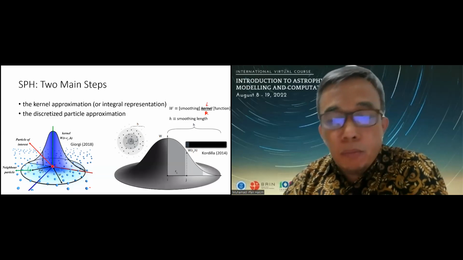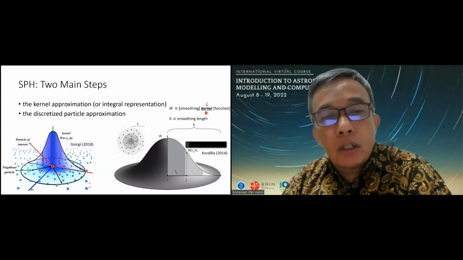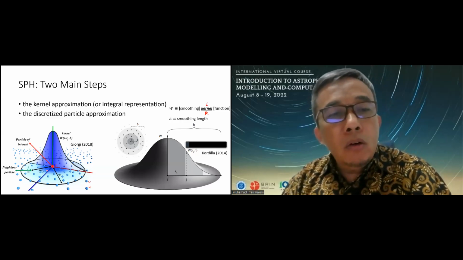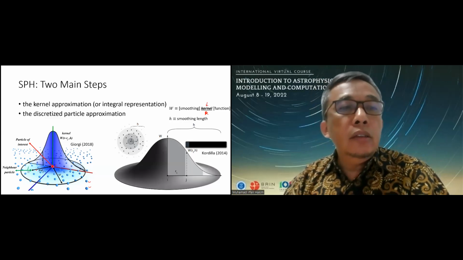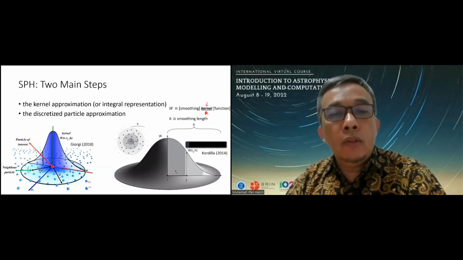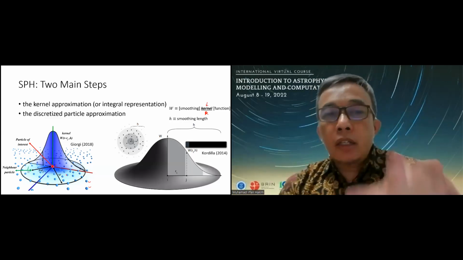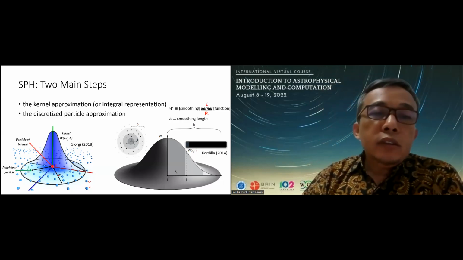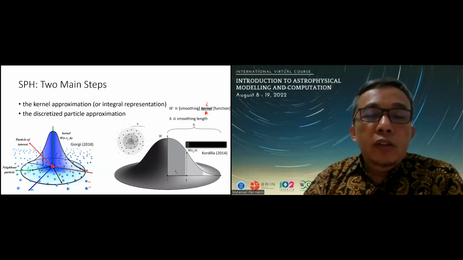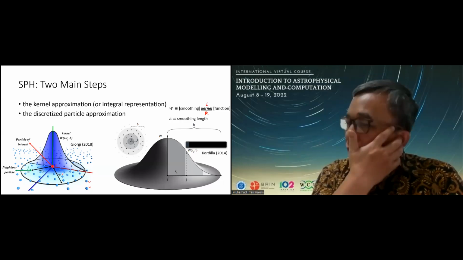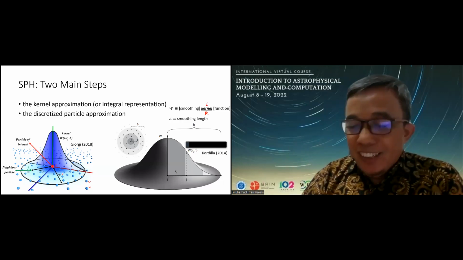Not this particle or this particle, but all particles inside this circle, for example, inside this geometry.